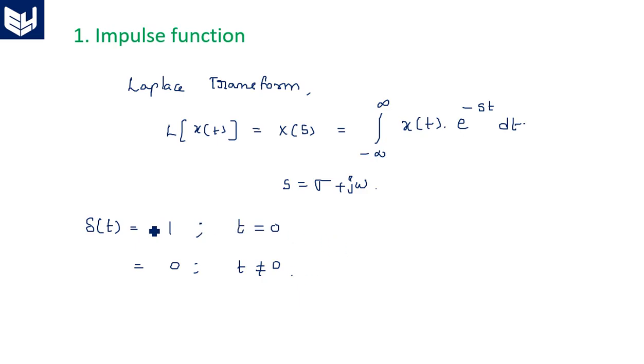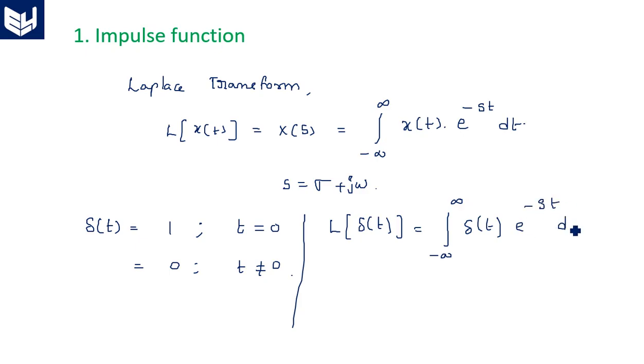Now for this we are going to apply the Laplace transform. So the Laplace transform of del of t is equal to the integral from minus to plus infinity of del of t times e power minus st dt.